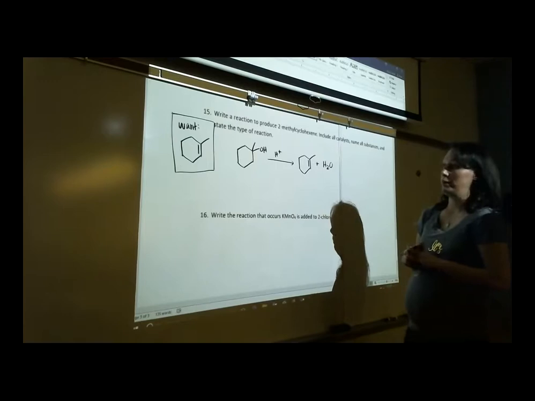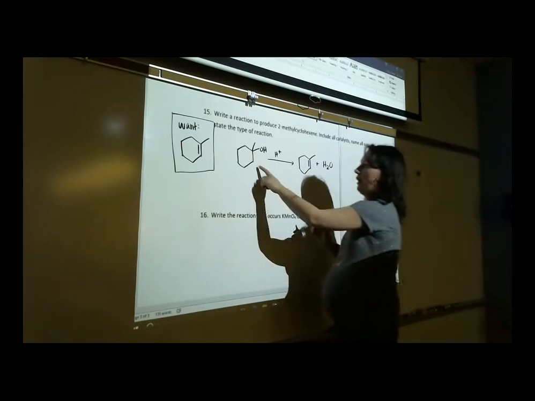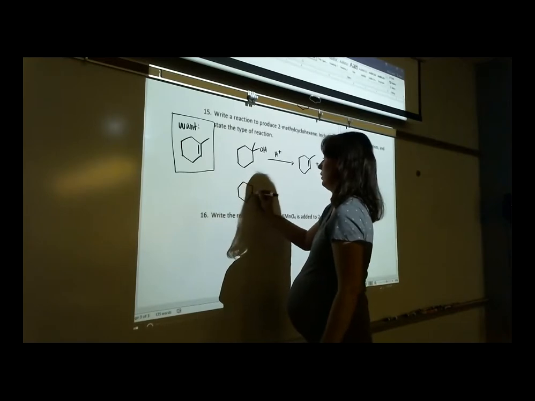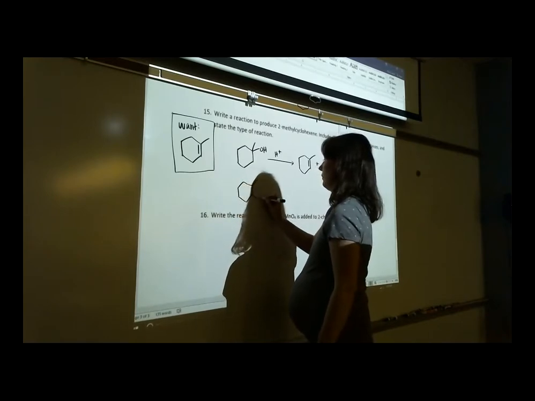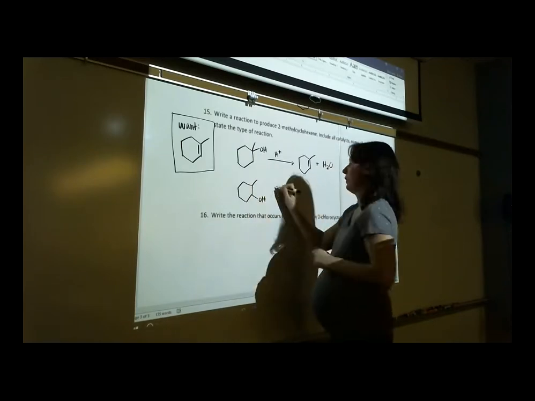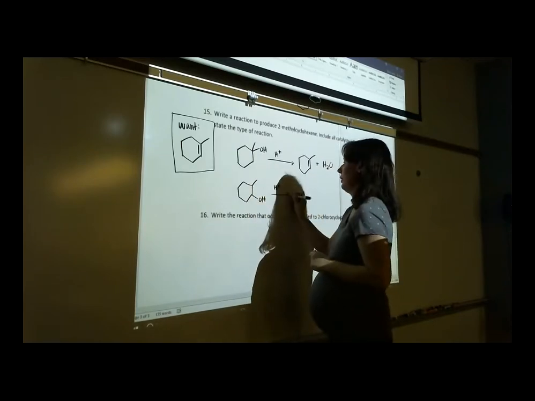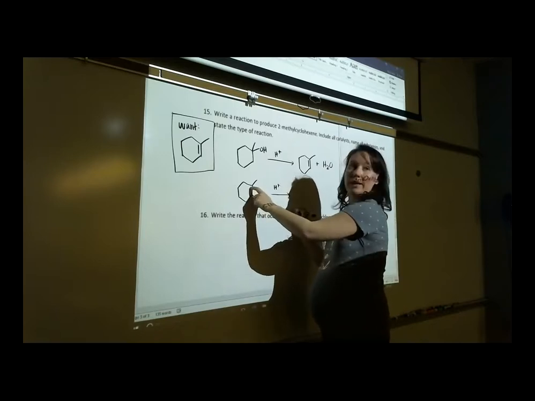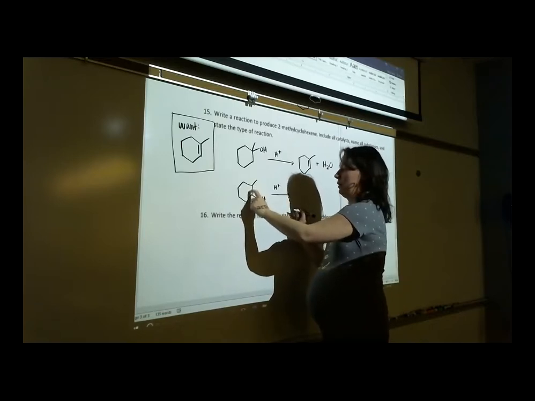There's another way we could do that. If we had that OH here, would that work? Yeah. Because Zaitsev's rule is not going to apply to this one. Here, Zaitsev's rule would apply. The more substituted alkene is favored. That's the major product, right?